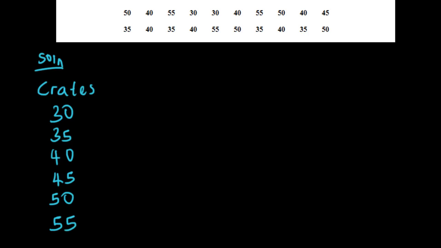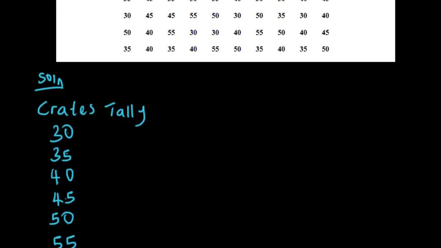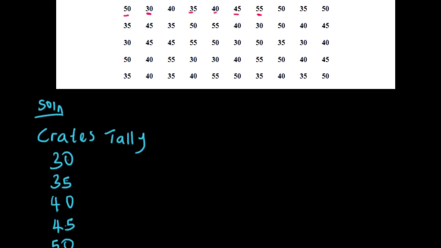Do you understand? Now the next column we need to create is what we call tally. Does this make sense? Now we need to try to find out how many 30s do we have in this list of data, how many 35s, how many 40s, how many 45s, how many 50s, how many 55s. Can we do that? So let's start with 30.